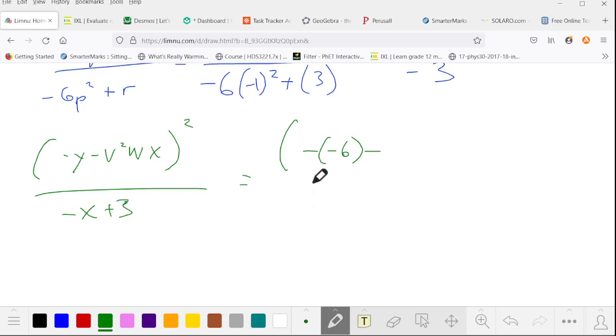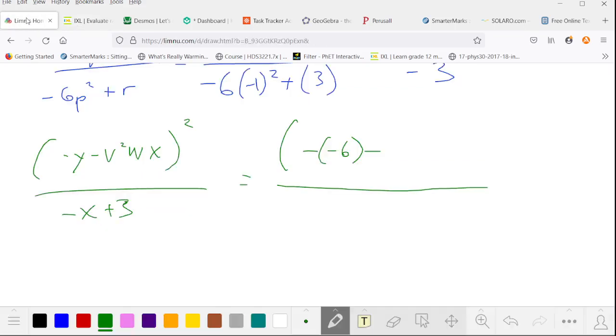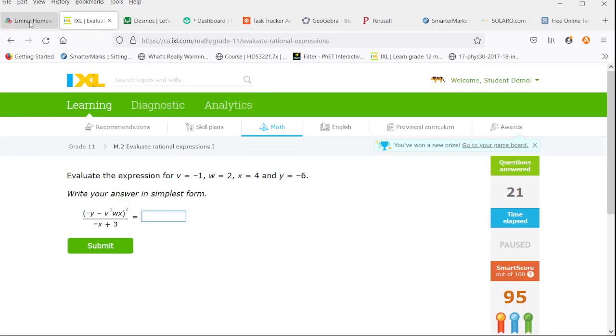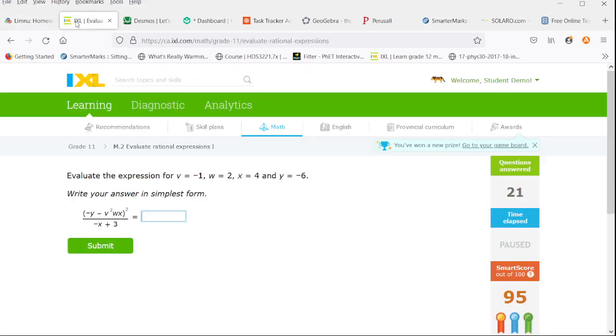All right, so we had a y of negative 6. Now we have a v of negative 1. We're substituting where w is 2 and where x is 4.